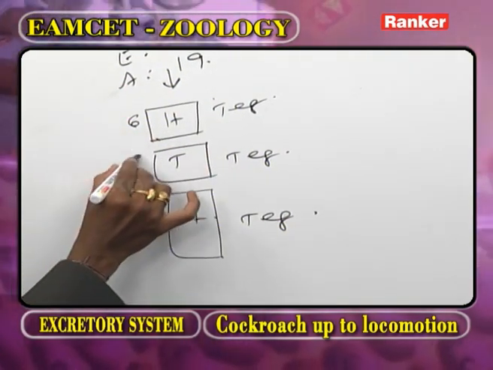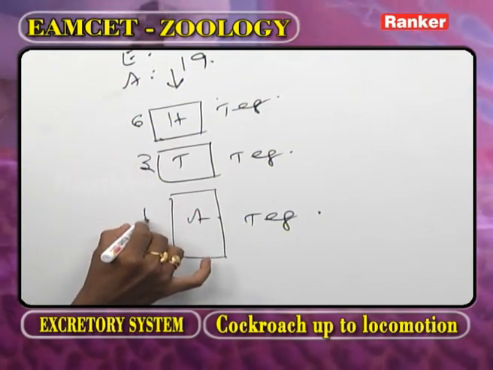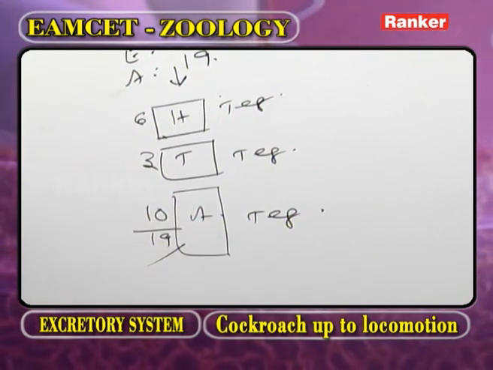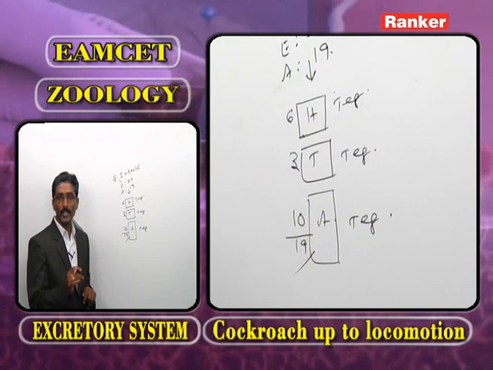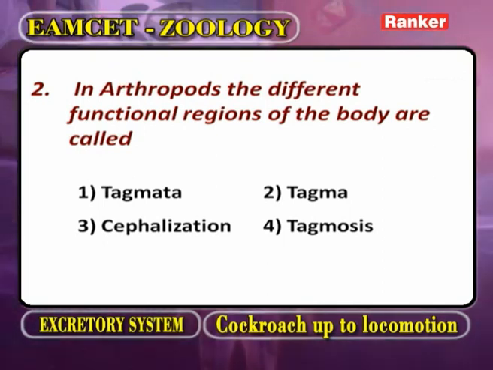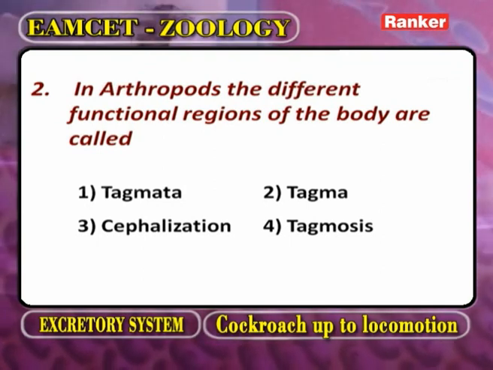In the head region, how many segments? 6. In the thorax, 3. In the adult stage, in the abdomen, how many? 10. Totally, how many segments in the adult stage? 19. Now, again we observe the question: in Arthropoda, the different functional regions of the body are called. The correct answer is tagmata.